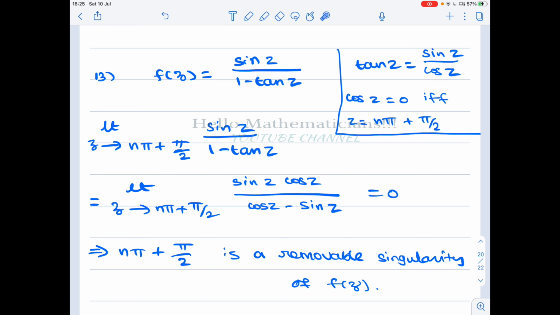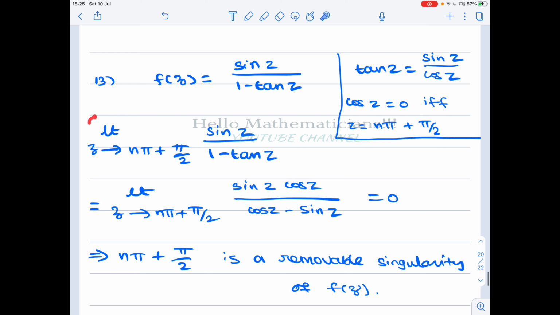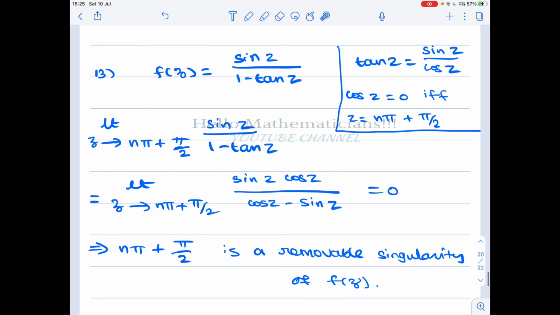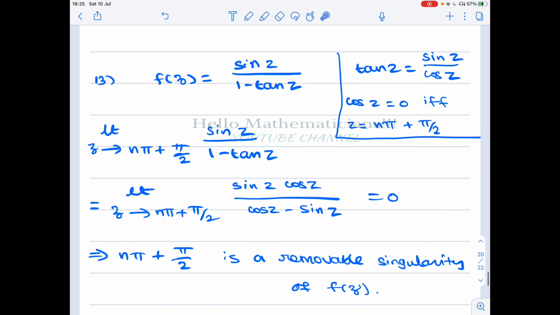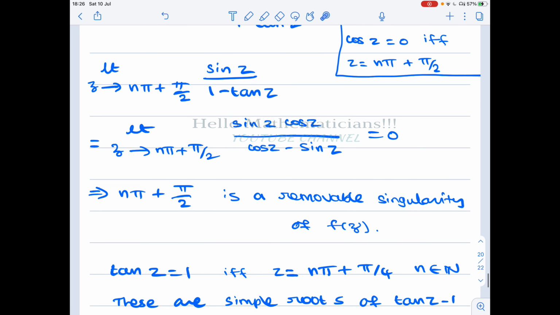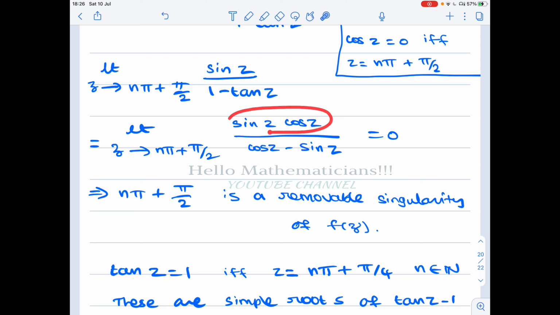So now I look at limit z tends to n pi plus pi by 2 of f of z. Now 1 minus tan z is 1 minus sin z by cos z, that is cos z minus sin z by cos z. So this cos z will go above. We get limit z tends to n pi plus pi by 2 of sin z cos z by cos z minus sin z. Now when z tends to n pi plus pi by 2, cos z will be 0, so the numerator will be 0.